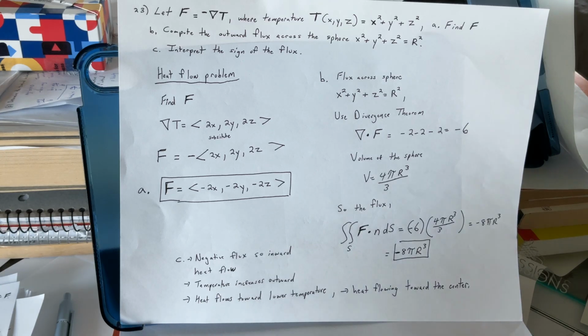And think about why: heat flows towards lower temperature. Think Newton's law of cooling and the laws of thermodynamics, with heat flowing towards the center. So that takes care of the interpretation of the sign of the flux. So that's number 23.